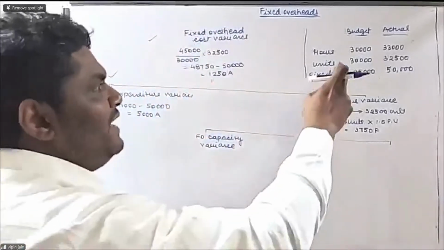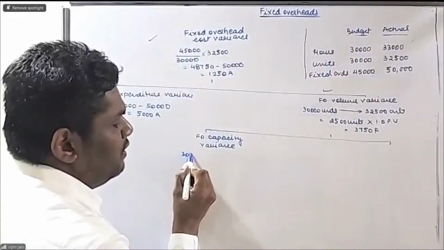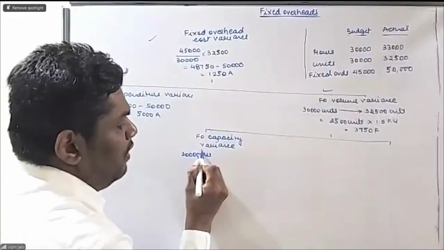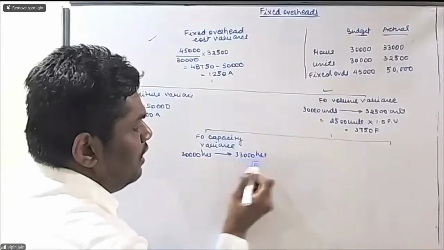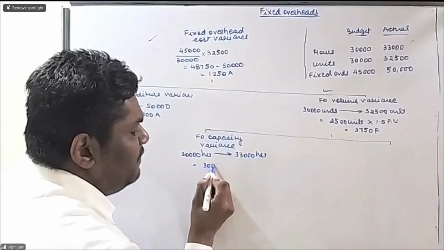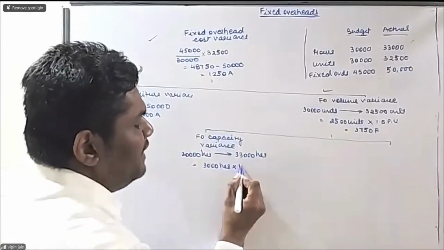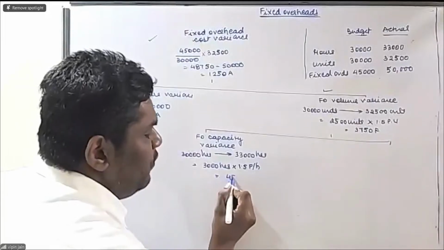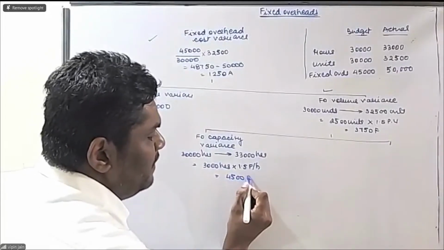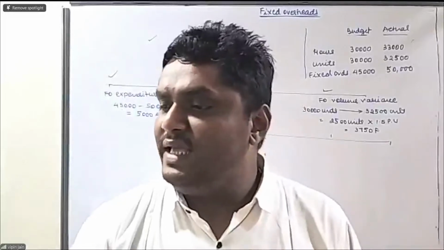So here we can straight away see that our capacity was for how many hours? 30,000 hours. We worked for how many hours? 33,000 hours. How many hours extra we worked? 3,000 hours extra, into the rate per hour, that is 1.5 per hour. So this will be 4,500 favorable. Since days are not given, we will assume that the days are same.